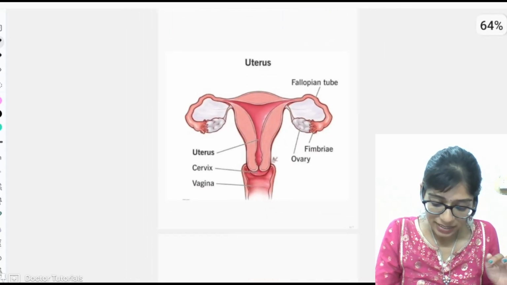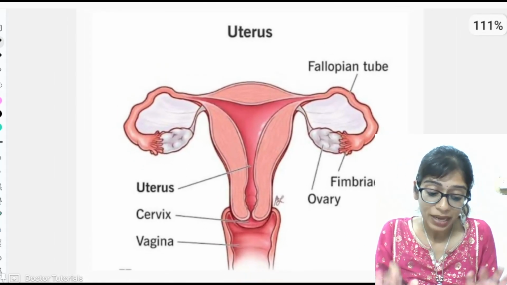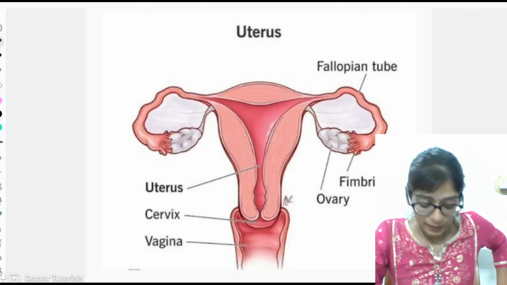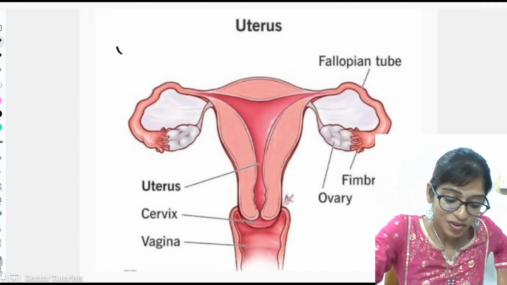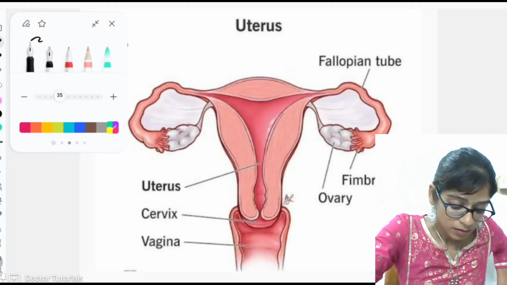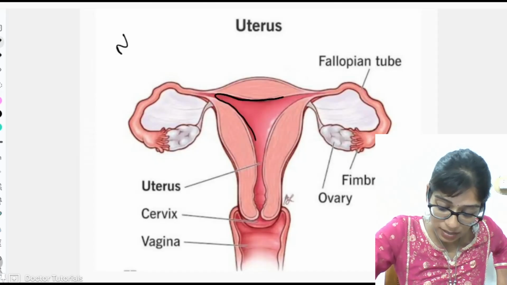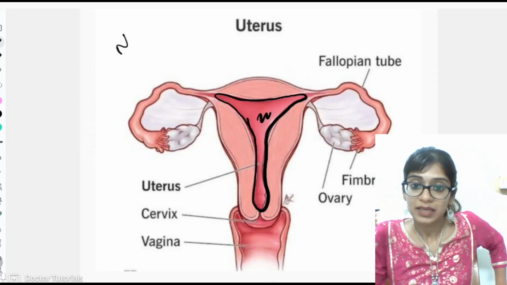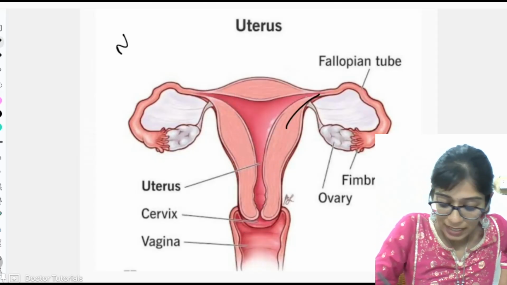Before I tell you what are the anomalies we can see in the uterus, I want you to identify a normal uterus. What you're seeing here, this is normal or abnormal? This is a normal uterus, right? Inside the uterus, we have a cavity. Now, there are 2 sides of the uterus.